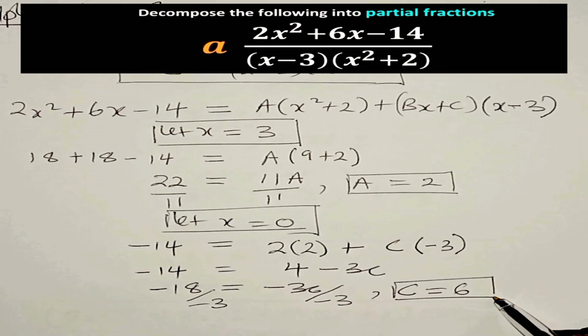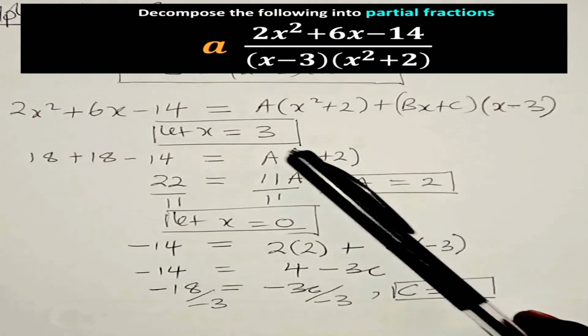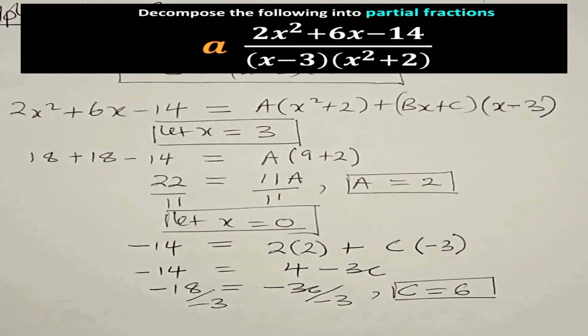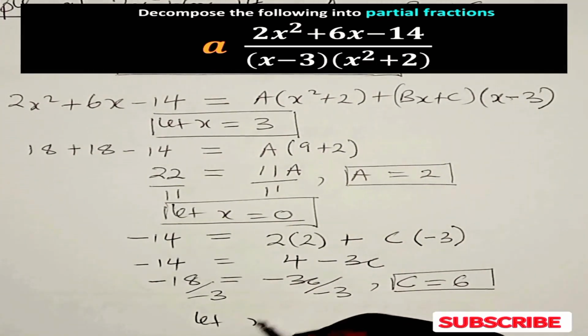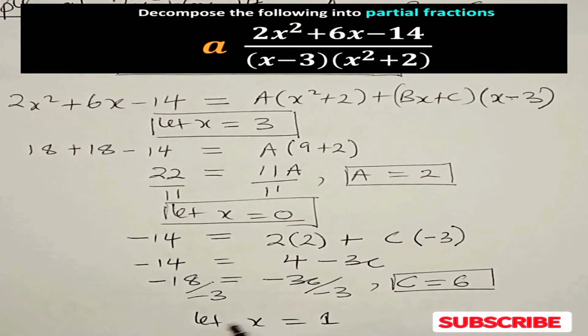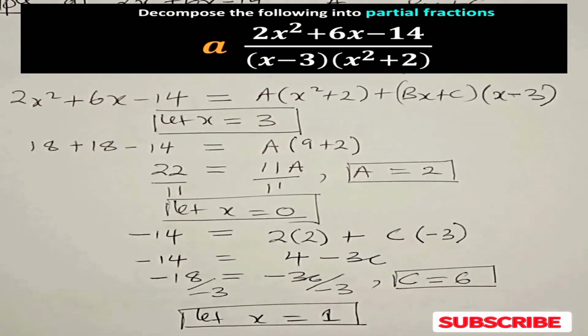All right. Now we need to look for B. To look for B, we can just take any number, but it has to be small enough so that the whole process becomes convenient. That number doesn't have to be 0, it doesn't have to be 3. So we can just take a small number, which is, say, let x equal 1. Now we substitute x equals 1 into that equation.